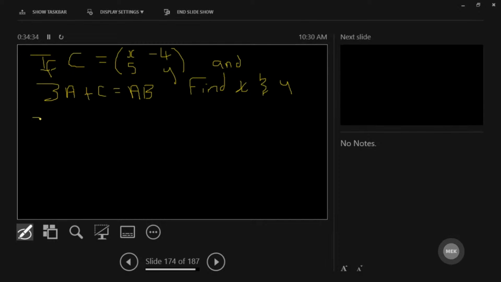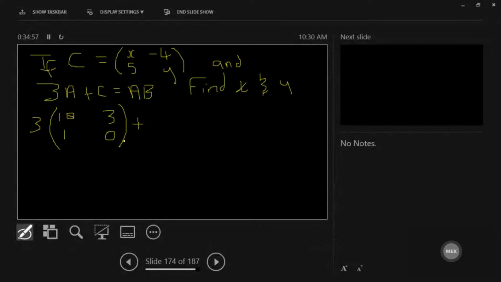So the 3a would be 3 times 10, 3, 1, 0. That was A originally. And C is this.